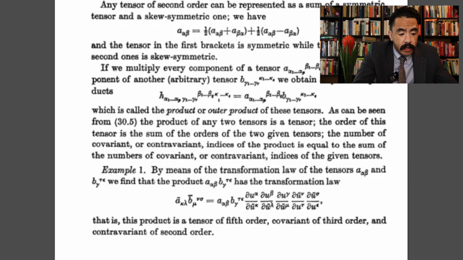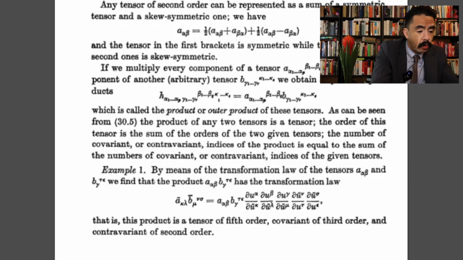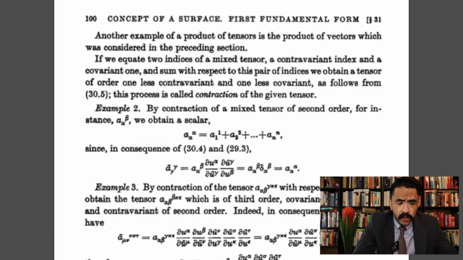That is, this product is a tensor of fifth order, covariant of third order, and contravariant of second order. Another example of a product of tensors is the product of vectors, which was considered in the preceding section.